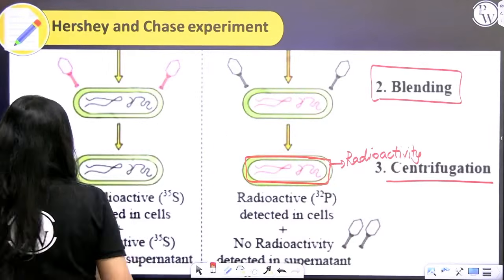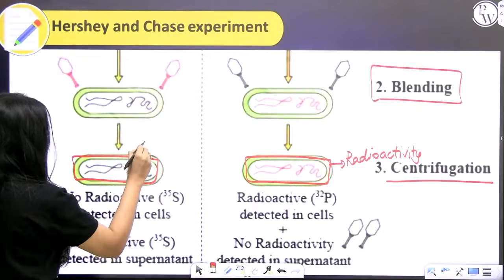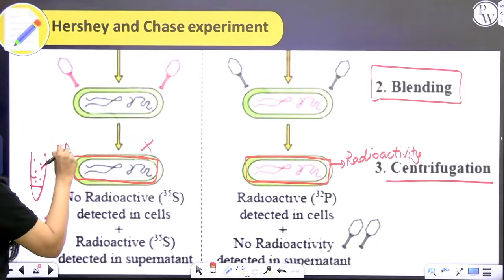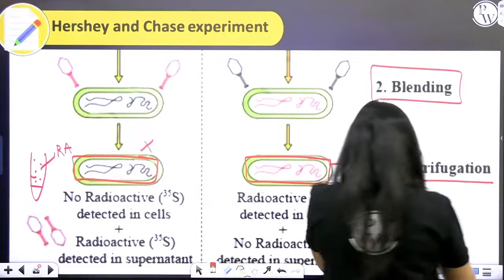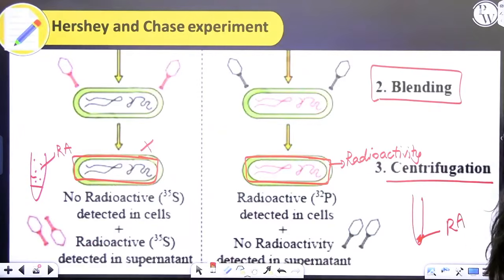In the other set, where the protein coat was labeled, the bacterium did not show any radioactivity. The supernatant showed the radioactivity. Over here, the residue showed the radioactivity.